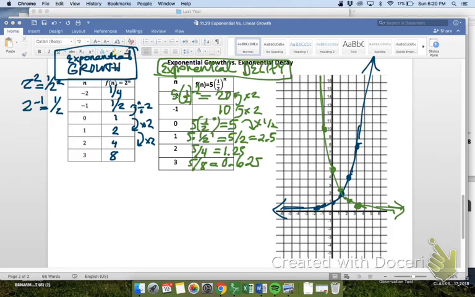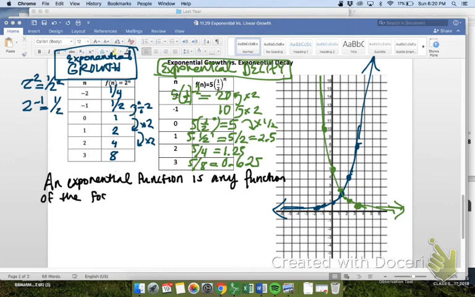So first of all, we say an exponential function is any function of the form f of x equals a times b to the x.